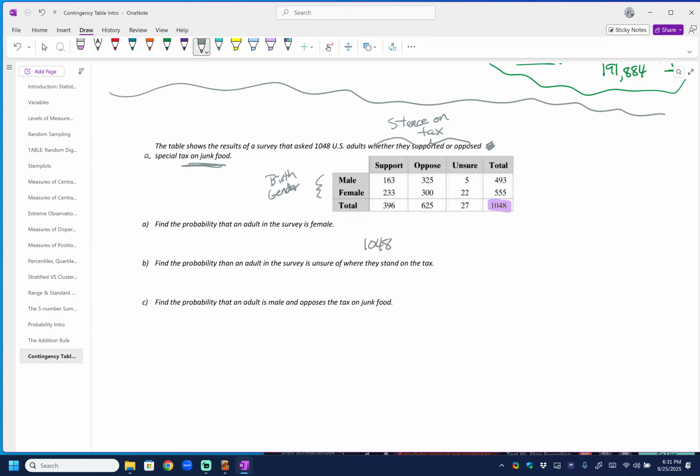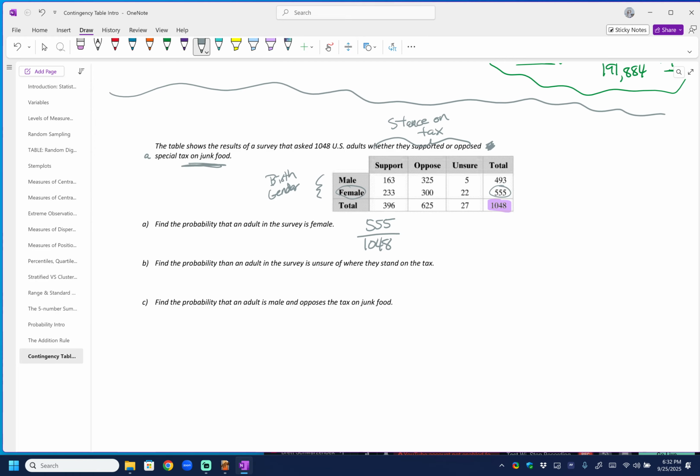For our numerator, we need to find the event that an adult in this study is female. So we find female, and it looks like 555 is what you get. We're just going to skip the decimal version for now and leave it as a fraction.